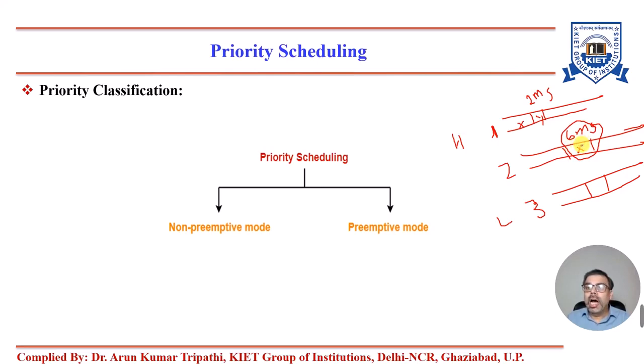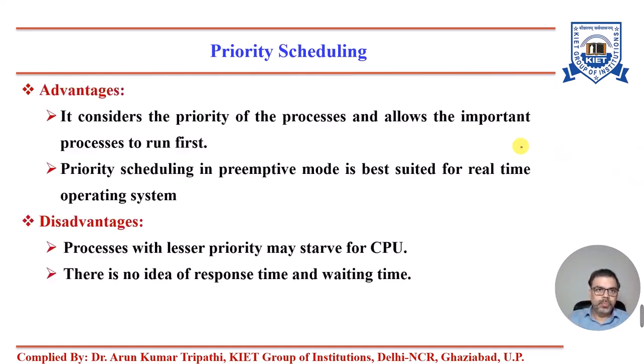For example, after 2 milliseconds a process appears in the higher priority queue, so the processor will be snatched from process X and allocated to the higher priority process, that is Y. So this is the basic concept of priority scheduling.